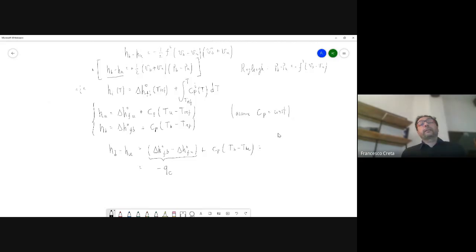We're going to give it a minus sign so that we remind ourselves that this is an exothermic reaction, so delta H is negative. Plus, again, Cp Tb minus Tu.